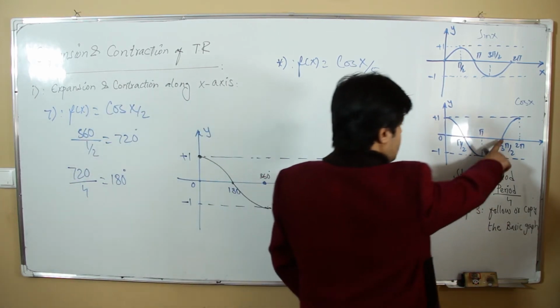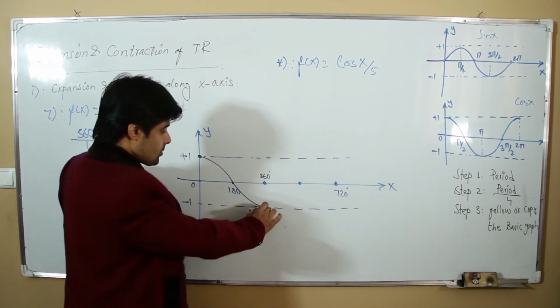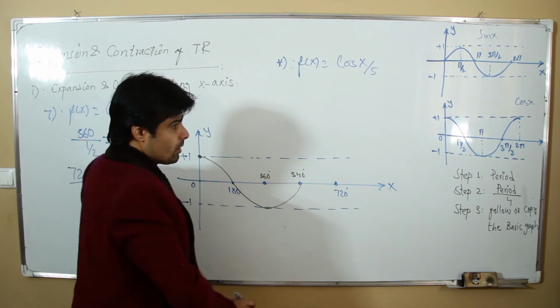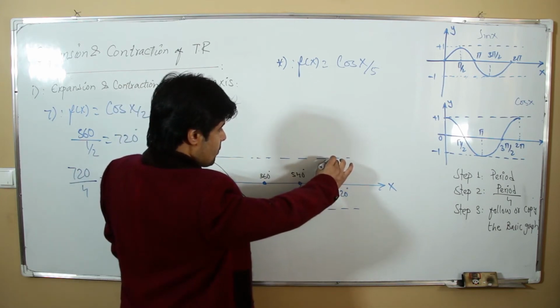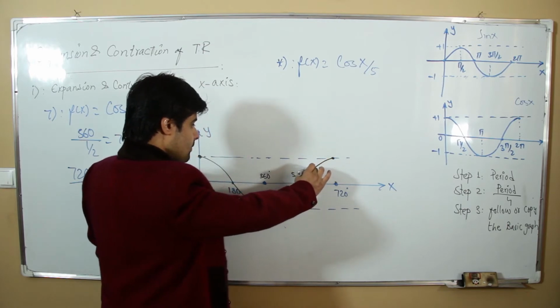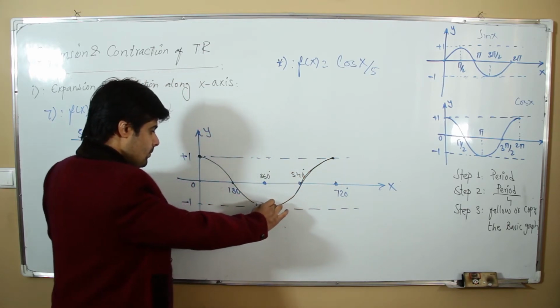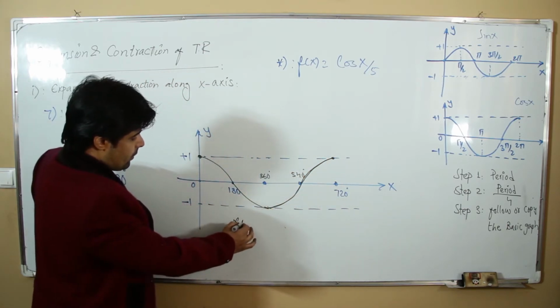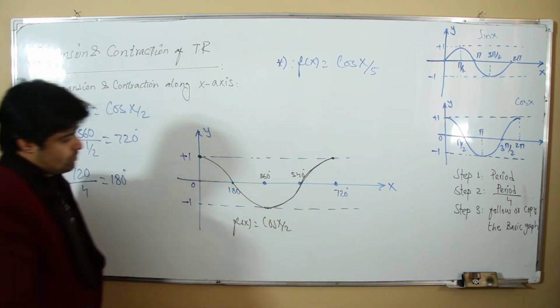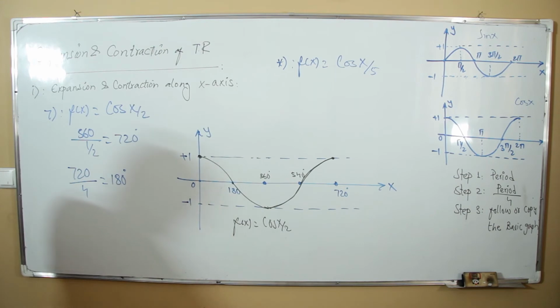The next, it should cross, which is 540, and the next one should be like maximum. This is our graph for f(x) equal to cosine x by 2. I'm sure that you have got it. Now you can define and draw cosine x by 5.